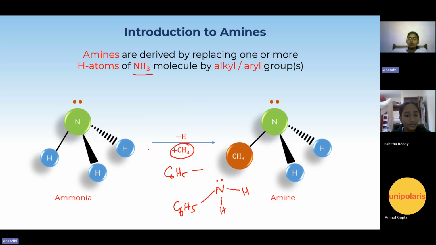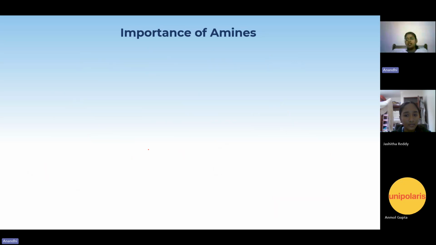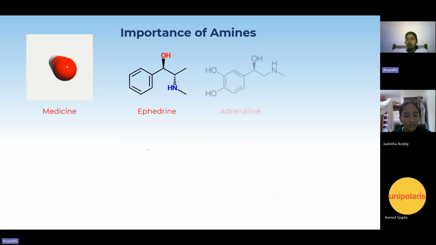Now coming to the importance of amines. Where are we using amine group containing compounds in our day-to-day life? Amines are used in medicines, in the form of ephedrine and adrenaline.